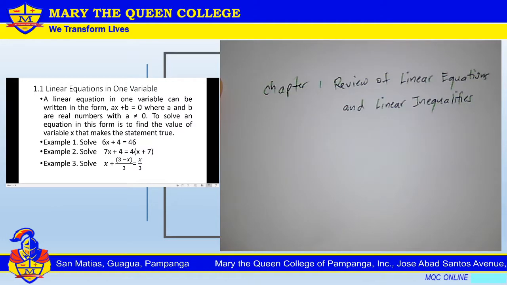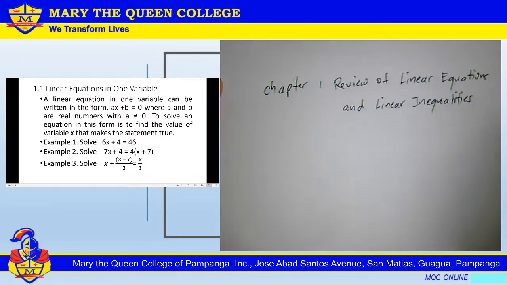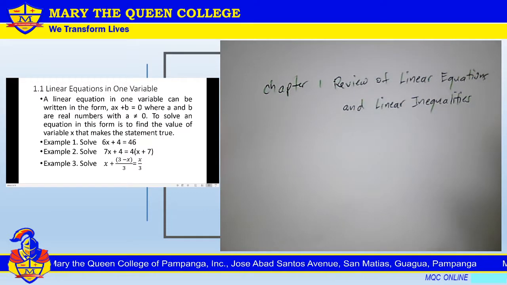That is why it's called a linear equation. And how can we solve for the value of x? If you still remember your high school mathematics, we have basic methods by simply applying algebraic methods.